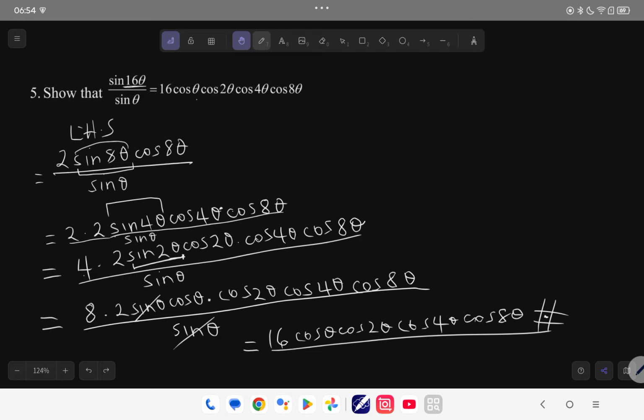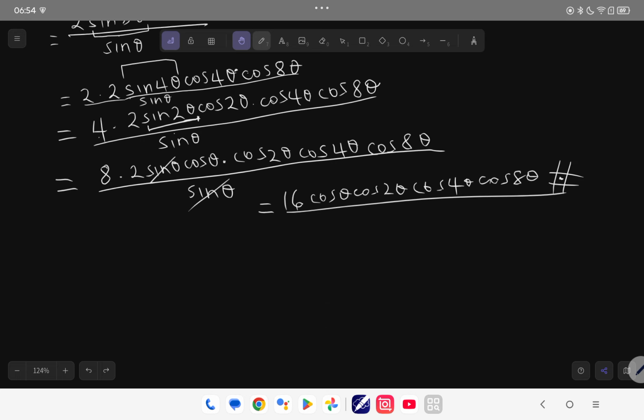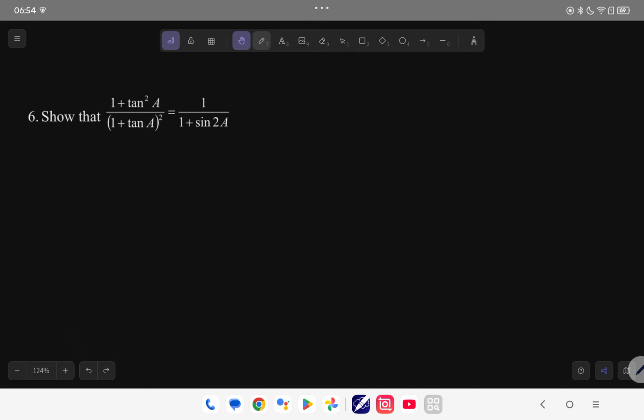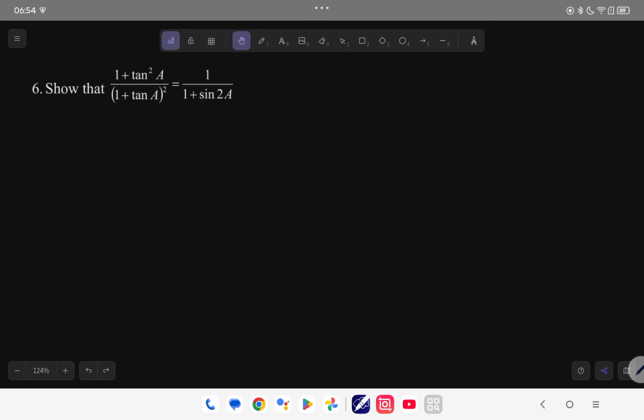We now go to question number 6. Question number 6 says show that 1 plus tan squared a over 1 plus tan a all of it squared should be able to give us 1 over 1 plus sine 2a.